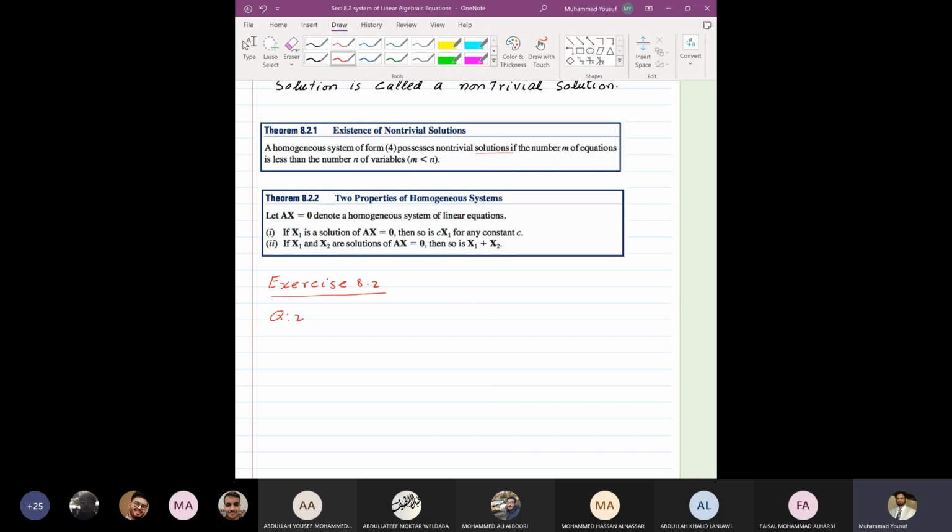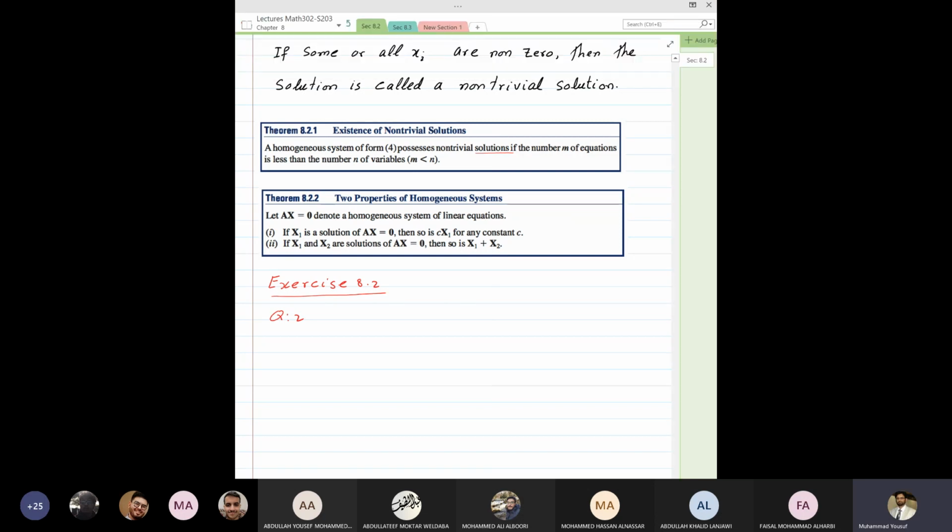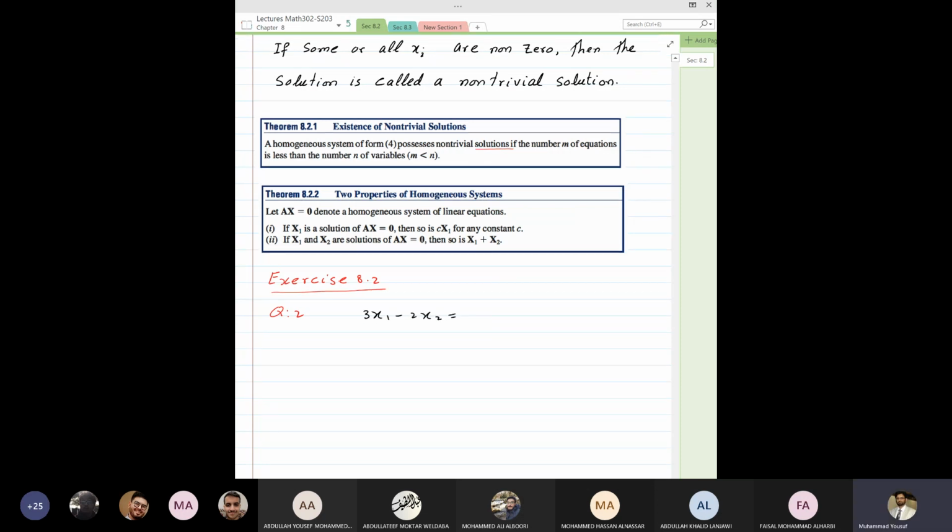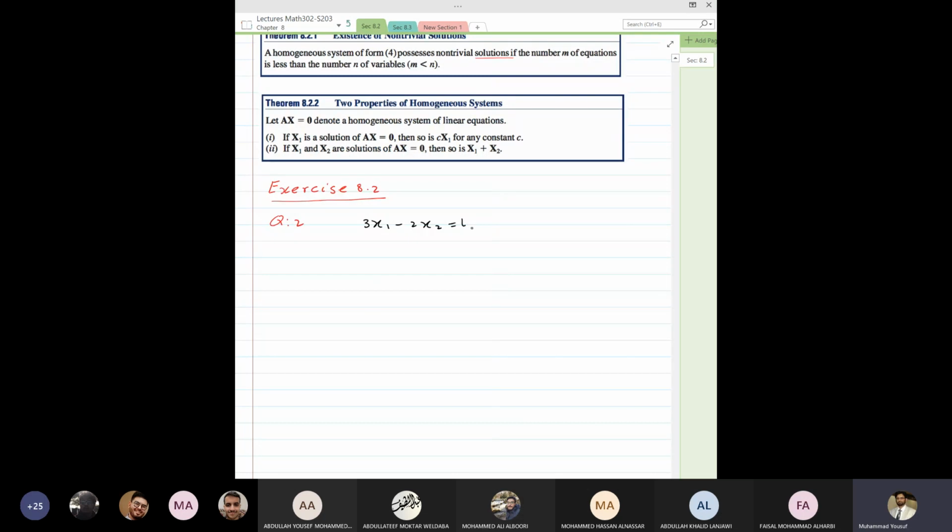Question number 2 is 3x1 minus 2x2 equal to 4, and the second equation is x1 minus x2 equal to -2. Now the solution starts here.